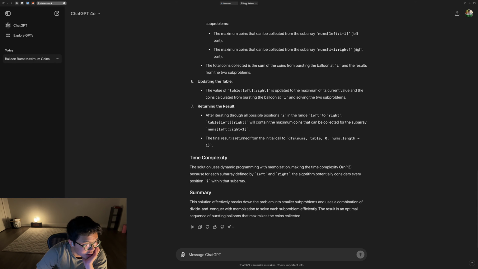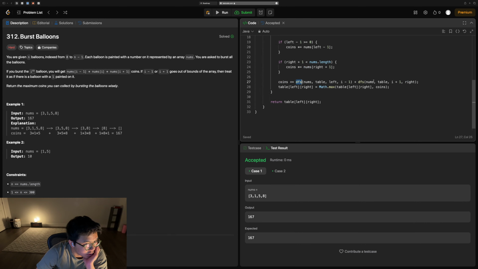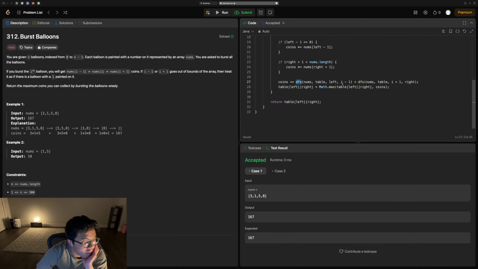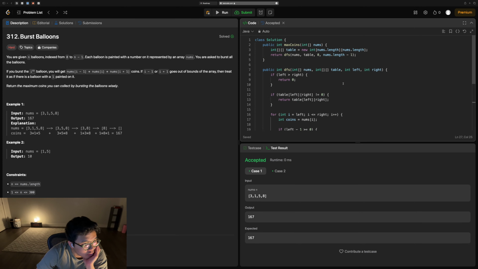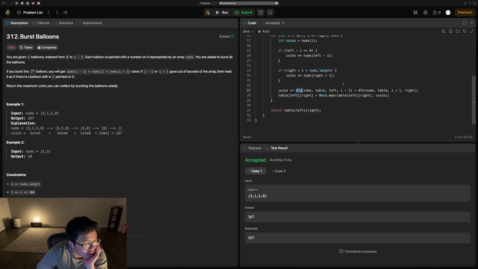Wait, low key, I think I get it. So we're going to do DFS on this, and this is going to keep on recursively calling. Oh, I wish I could see the call stack for this actually. That'd be crazy.